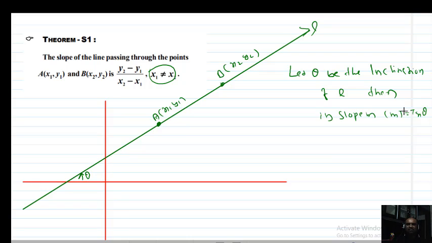Leave it. Actually, using these 2 points we want to find the slope. Construction: students, from A draw a perpendicular on the x-axis, from B draw a perpendicular on the x-axis, and from A draw a perpendicular on this line. So give some names for them. Say this is P, say Q, say R.